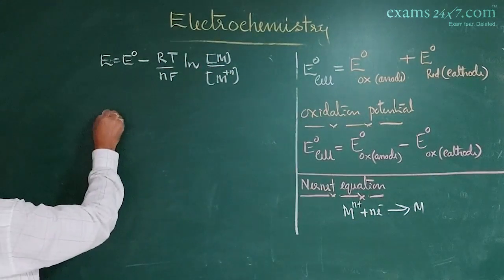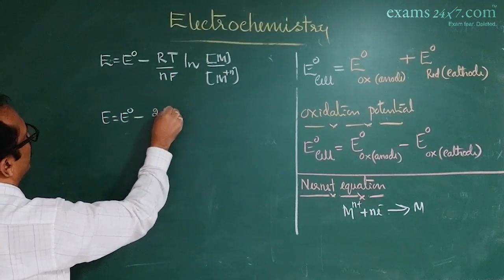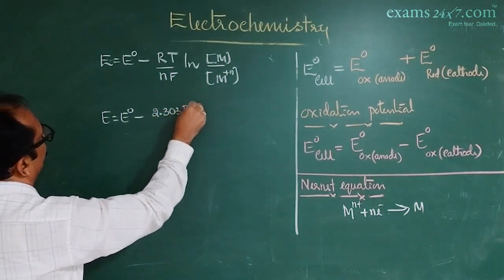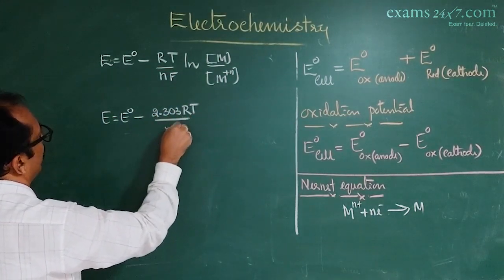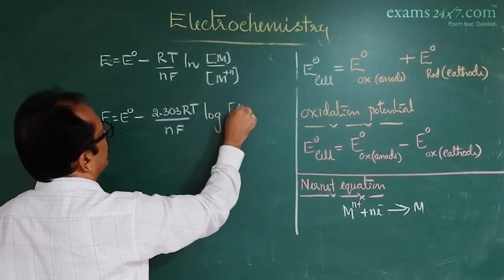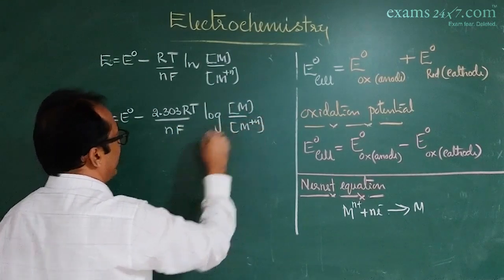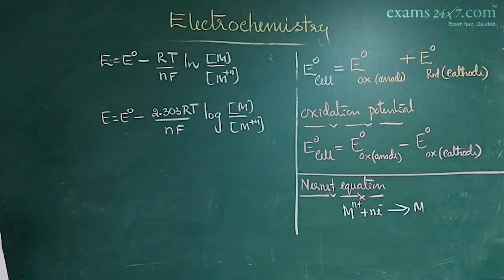Or we can write E equals E naught minus 2.303 RT by nF log of concentration of metal divided by concentration of metal ion.